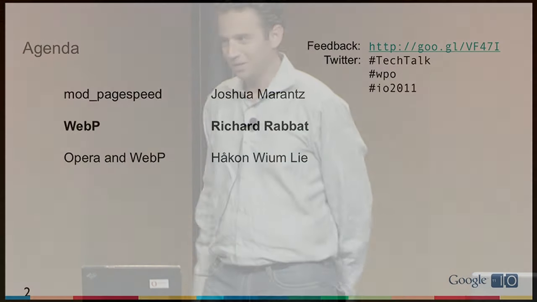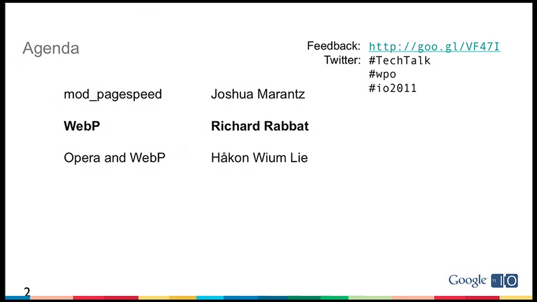Before I start talking about WebP, I want to mention that when Josh and I started this project, people were telling us that we were crazy. We had this developer tool, Pagespeed, that we'd been innovating with, adding lots of new best practices and trying to understand how people can make their pages faster. And then at some point, we decided that we should make this automatic.